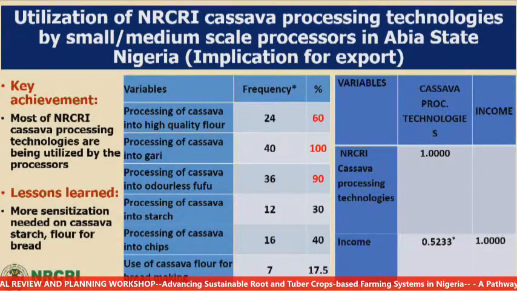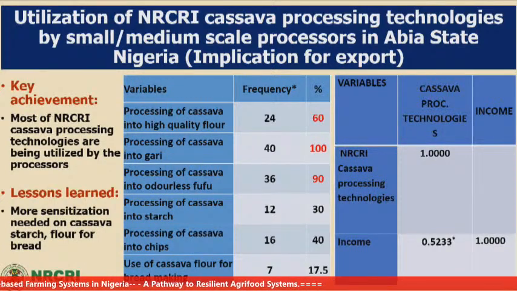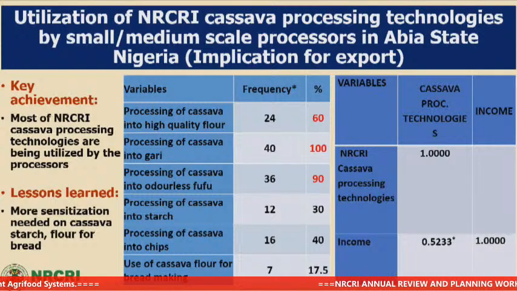Then the lesson learned is that more sensitization is needed on cassava processing technology for flour, for starch, and for chips, and the use of cassava flour for bread making.